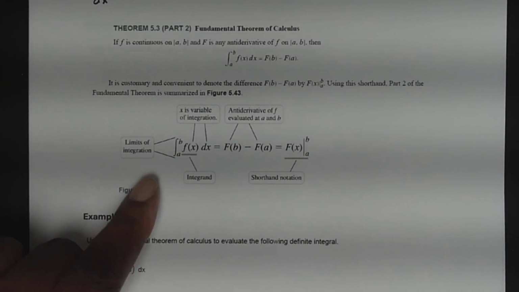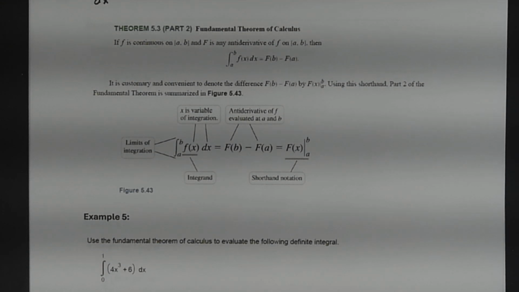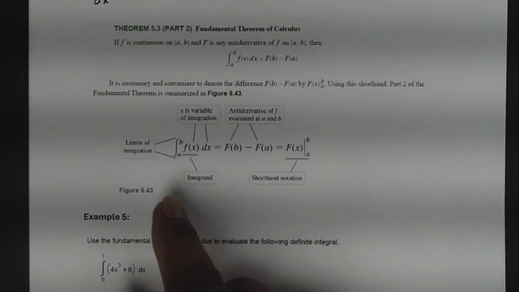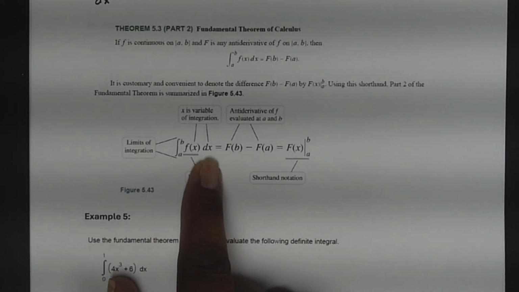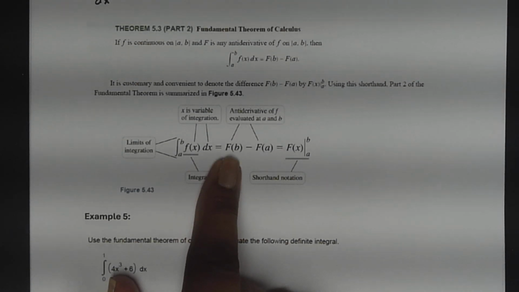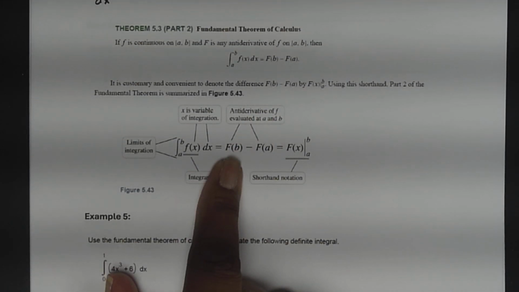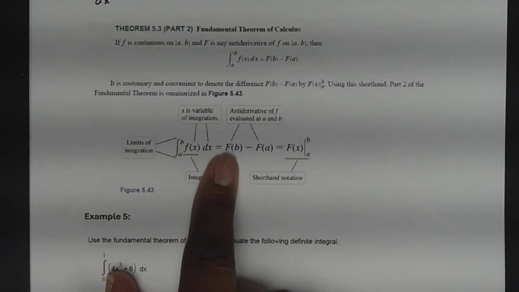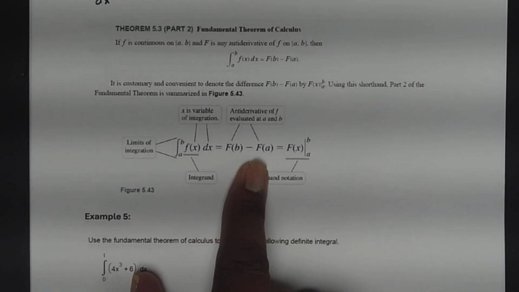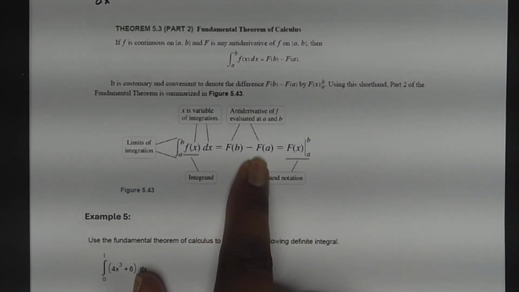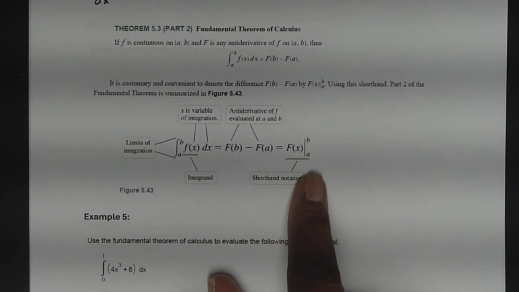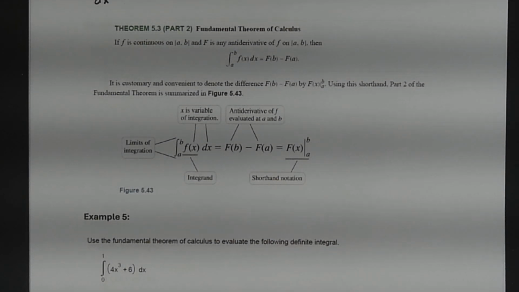And here's pretty much the more detailed version. The integral from a to b of f of x dx is going to be the antiderivative of f evaluated at b minus the antiderivative of f evaluated at a. And here's the shorthand notation again.